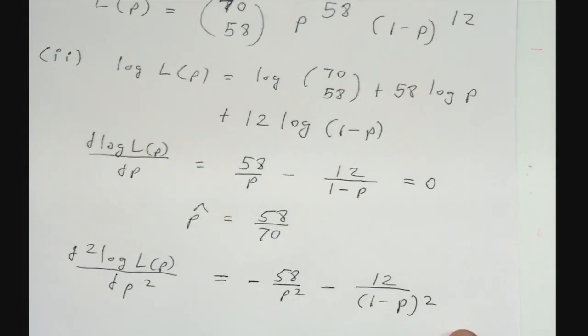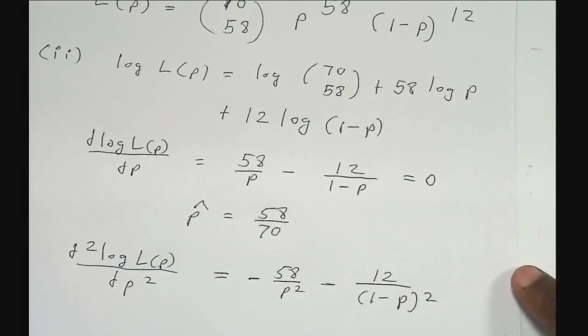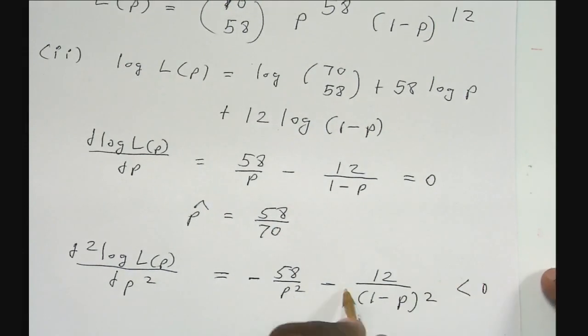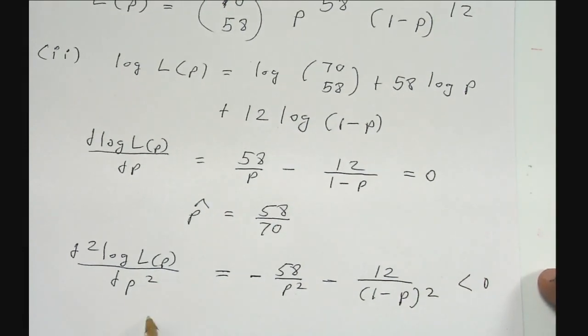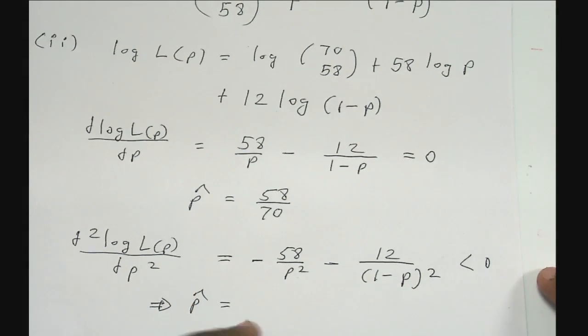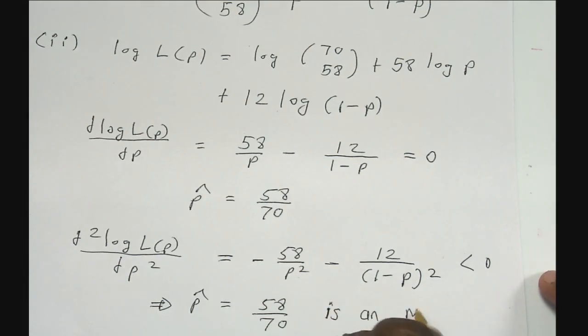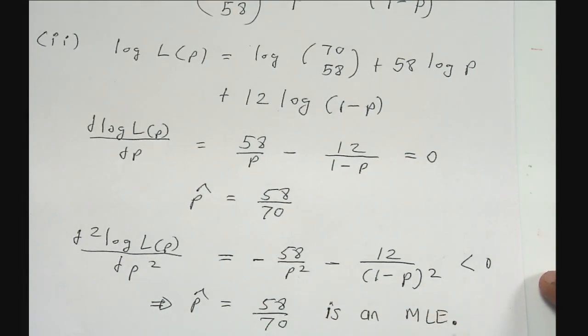This is the second order derivative, which is always negative because you have minus minus. So hence P hat equal to 58 by 70 is an MLE. Is that clear, guys?